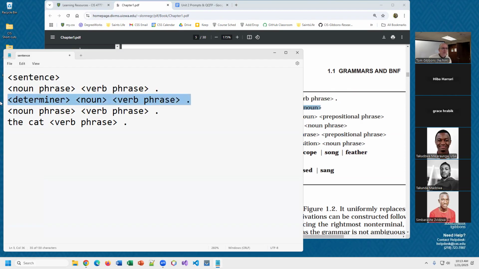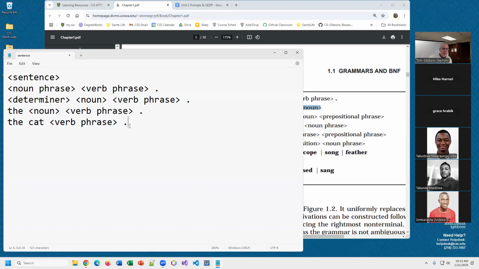Once we had that, we replaced the determiner with the. And then we replaced the noun with cat. Okay, now this is what we have.